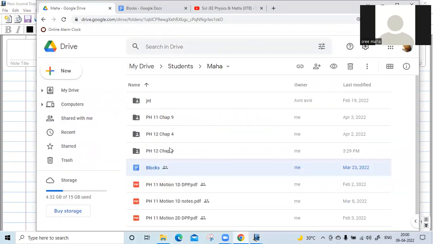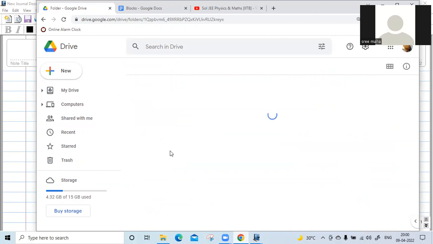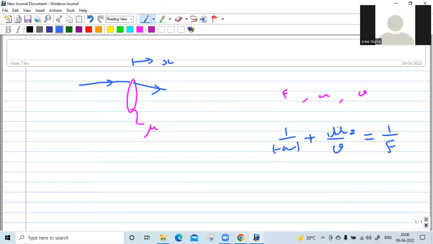Is it for lens or mirror? Yeah, for lens this mu will come. For mirror it will not come.